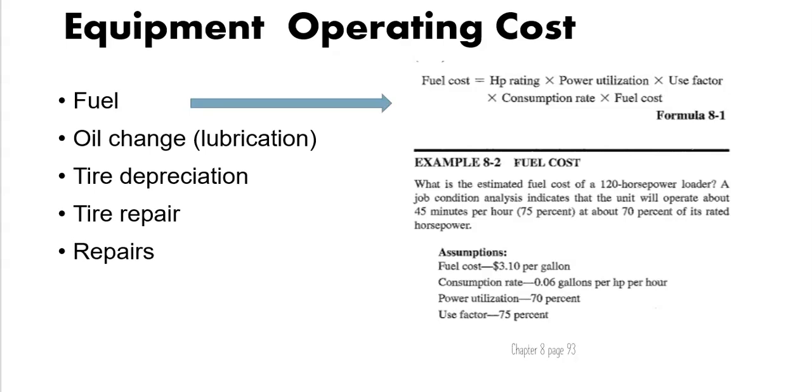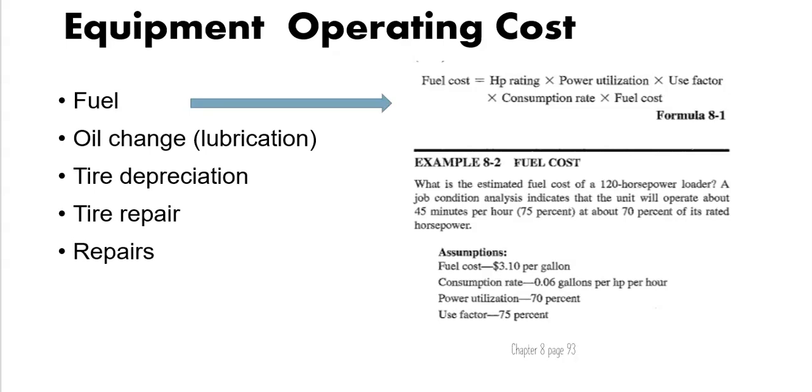As I went over the details in the previous lecture, the factors, the items that help you to determine the operation cost of an equipment include fuel cost, lubrication, including oil change and filter, tire depreciation, tire repair and repairs.